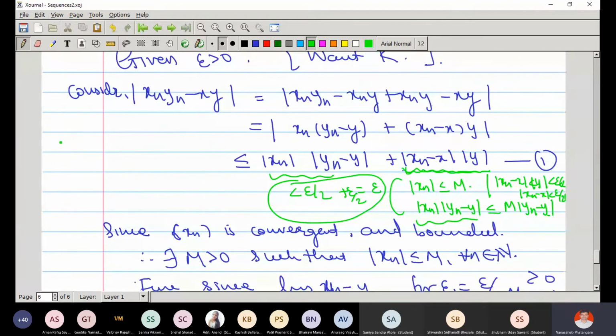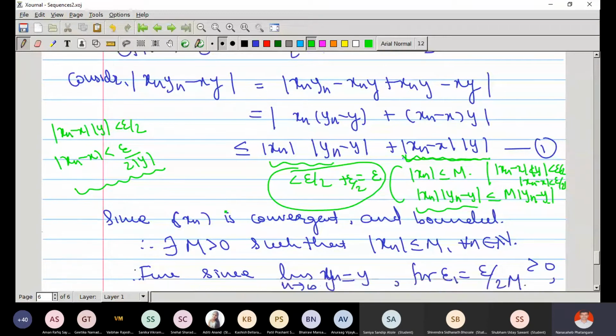See, what is the second term? Our aim is to make this less than epsilon by 2. That means absolute value of xn minus x less than epsilon upon 2 into absolute value of y. Is it clear? Yes, sir. Now, is it possible to make this difference xn minus x less than epsilon upon 2 absolute value of y?